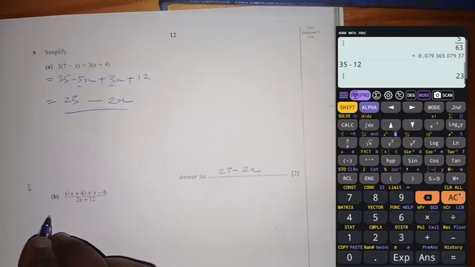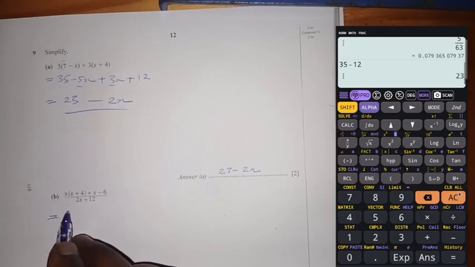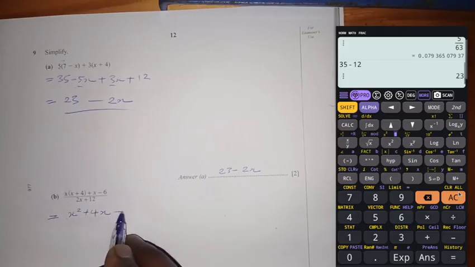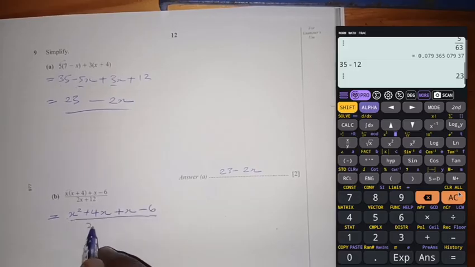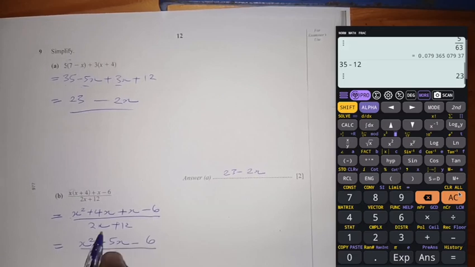But this one, we need to simplify this one first. That's x squared plus 4x plus x minus 6, all over 2x plus 12. This is now equal to x squared plus 5x minus 6 over, let's factorize this one.